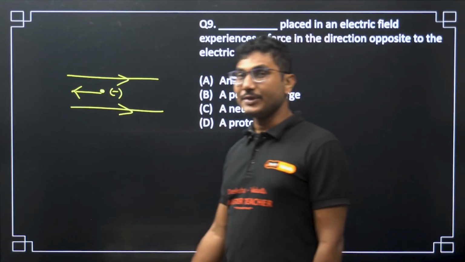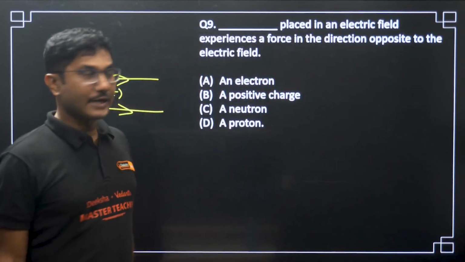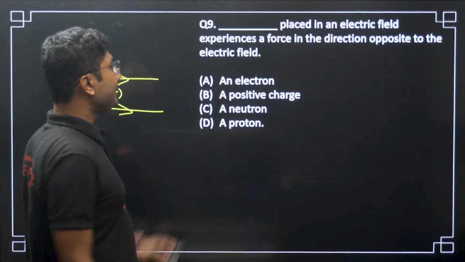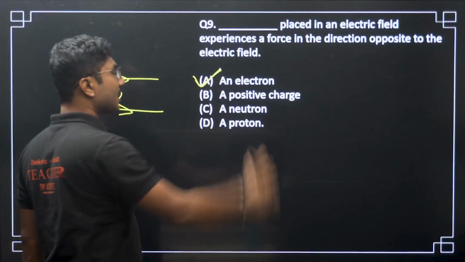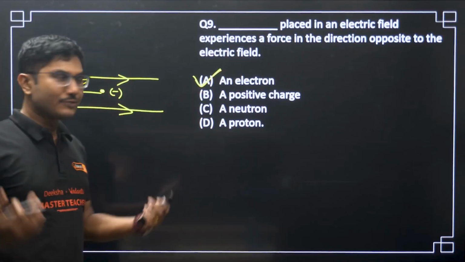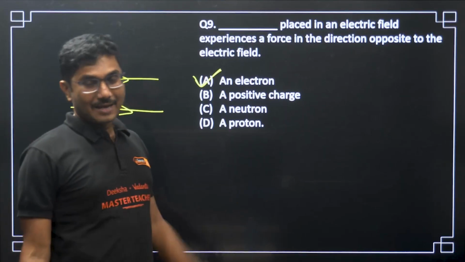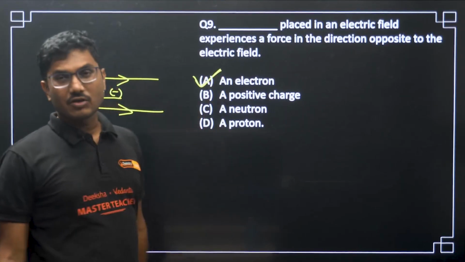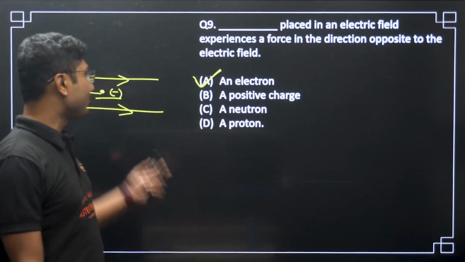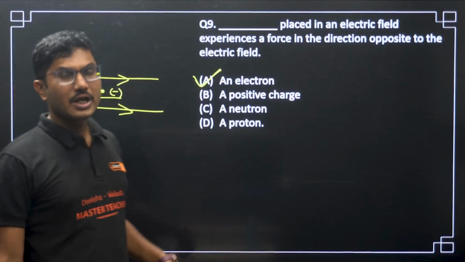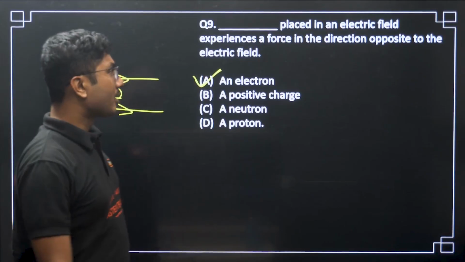A negative charge experiences a force in the opposite direction of the electric field. So it must be an electron. Electron is a negative charge. You can check the other options, but as we have figured out that it is a negative charge, it can be either a negative charge or an electron. Electron is obviously negative, that's why an electron will experience a force in the opposite direction to that of the electric field.